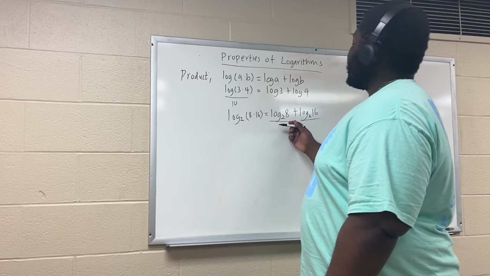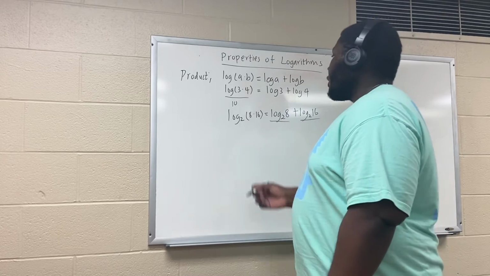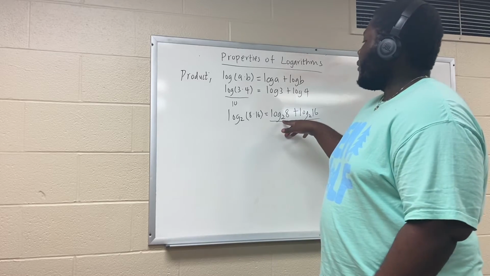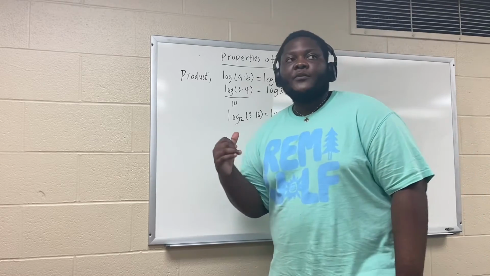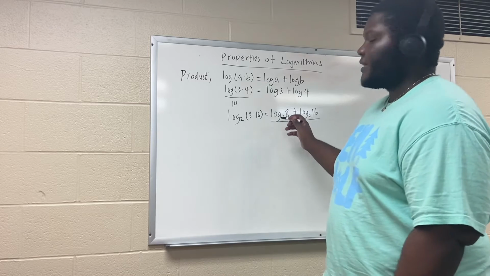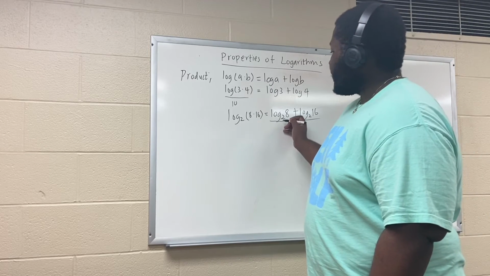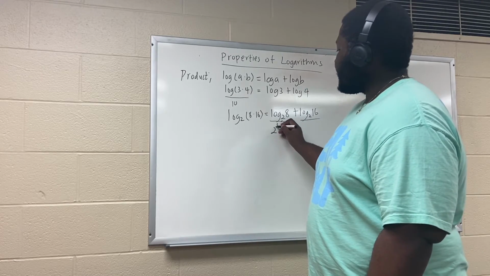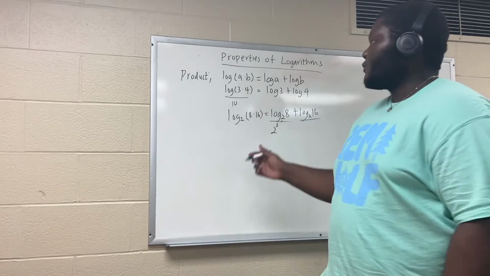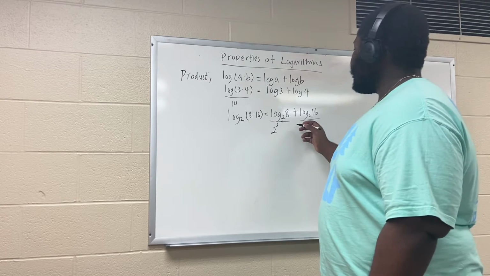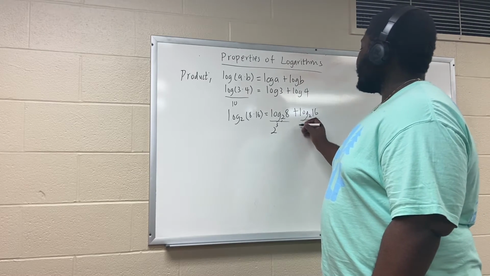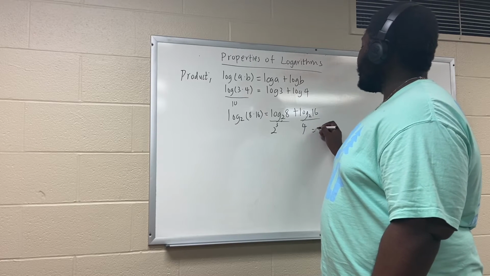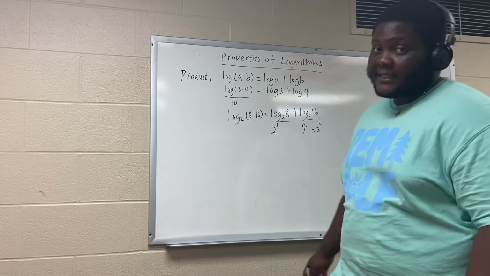What this means is that, because you have a base of 2, what you essentially want to know is what number you would have to raise 2 to in order to get 8. We know that this one will be 2 raised to the power 3, because 2 times 2 times 2 is 8, and this one will be 4, because 2 raised to the power 4 will give us 16.